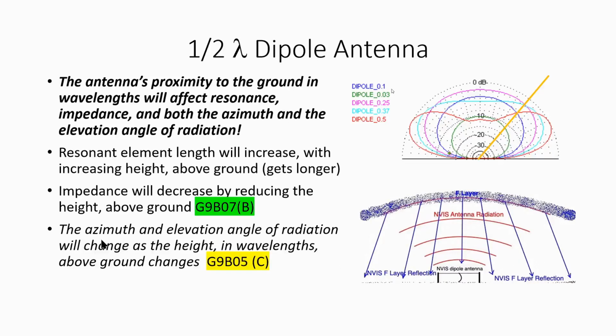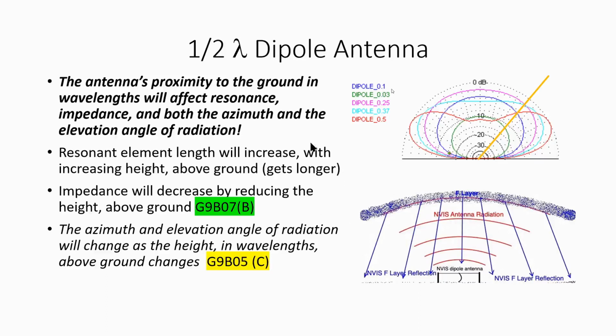Now, this bottom question here, the azimuth and elevation will change as the height changes. Somebody from the DMV wrote a question. I'm going to read it to you. This is question number B05. How does the antenna height affect the azimuth radiation pattern?